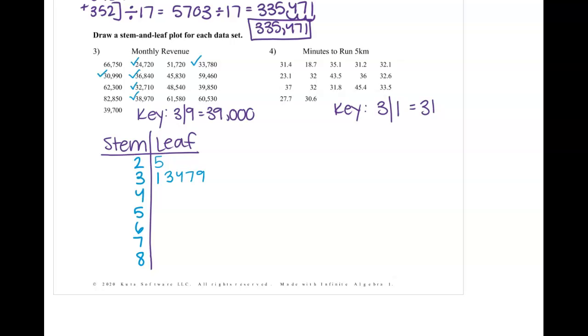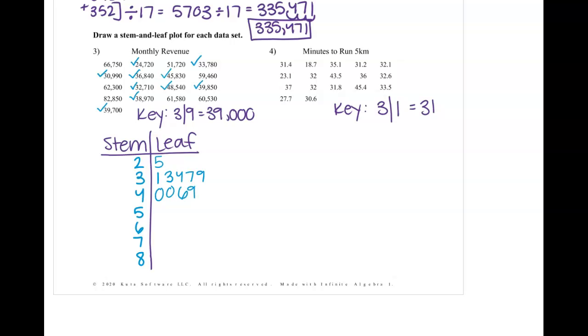Okay, and then for the 4s, 39,700 will round to 40, so that's a 0 in the 40s. 39,850 will also round to 40. Then we have 45,830, which rounds to 46. 48,540 rounds to 49.